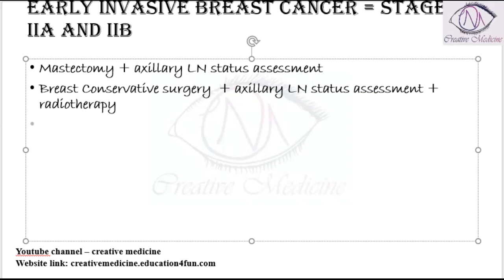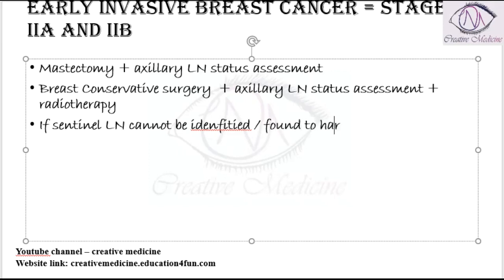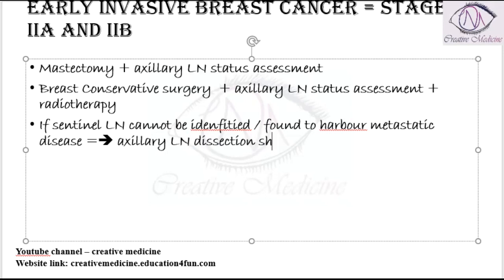Then if the sentinel lymph node cannot be identified, or if the patient is found to harbor a metastatic disease, in such cases we should do axillary lymph node dissection. Level 1 and level 2 should be removed.